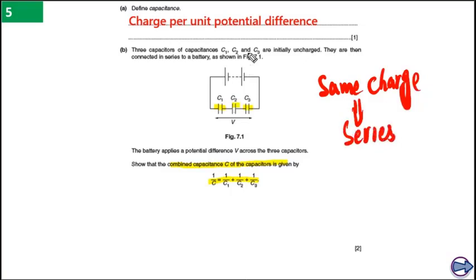So how do they get the same charge? Let me explain a little. You can see here, this is the positive terminal of the battery and this is negative. The plate next to the positive terminal of the battery will gain net positive charge, and the plate next to the negative terminal will gain net negative charge.